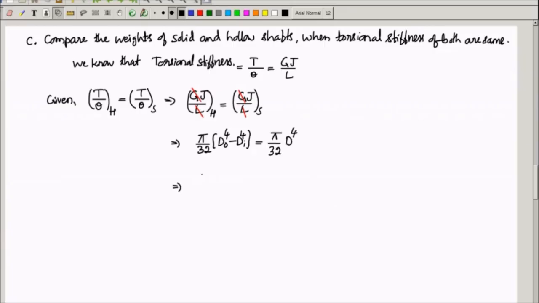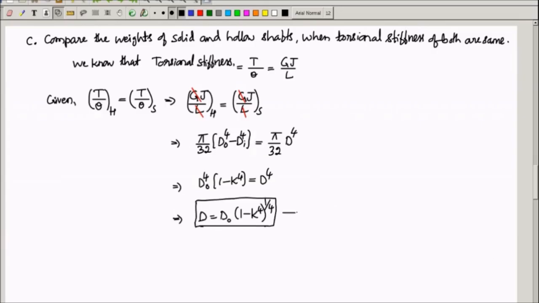I can take d naught power 4 outside: d naught power 4 (1 minus k power 4) is equal to d power 4, or I can write d is equal to d naught into the fourth root of (1 minus k power 4). This is equation 1.